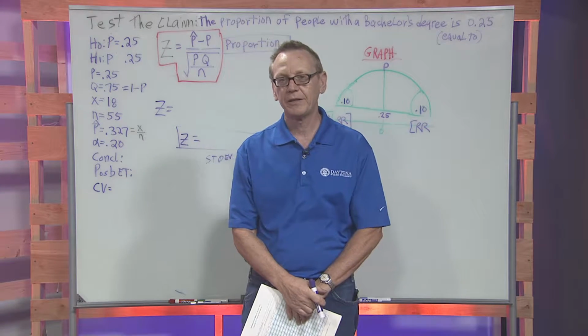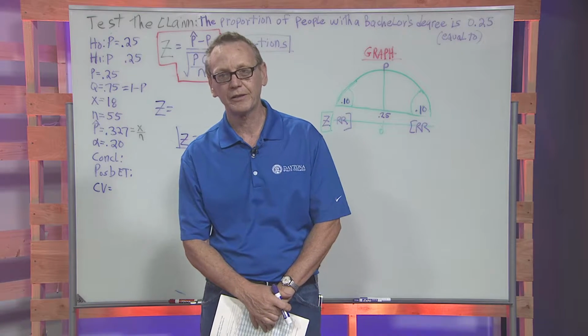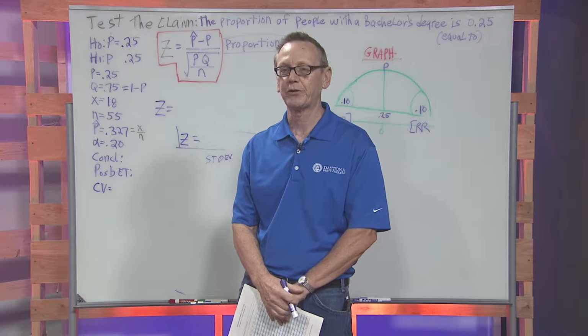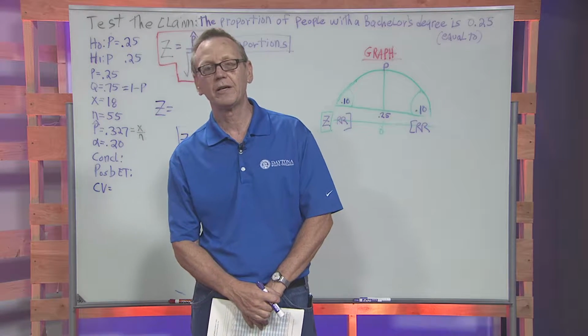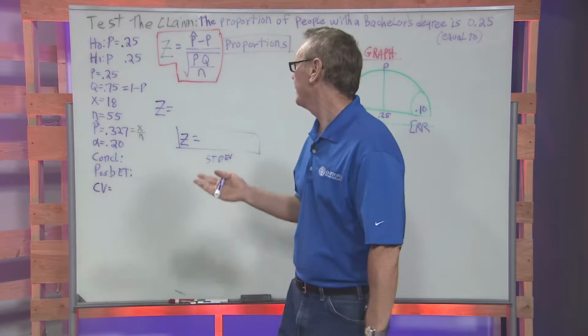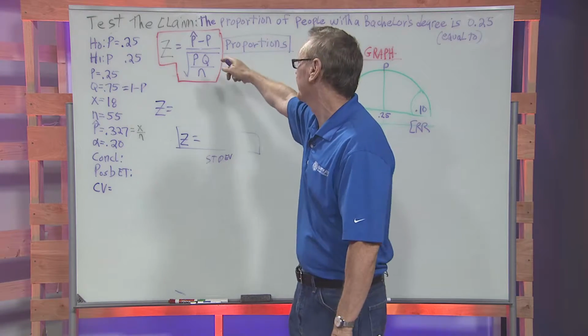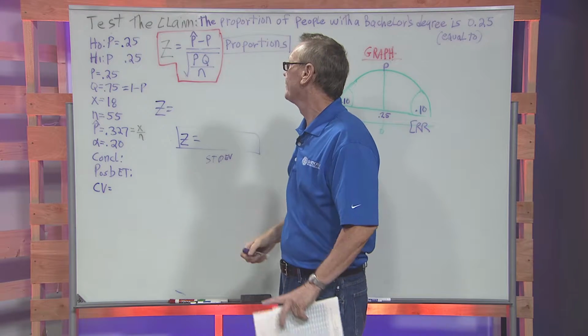I'm demonstrating the traditional hypothesis testing technique for testing a claim for proportional data. Proportional data is any data that can be a percent or a proportion, and for those cases we use a test statistic with a population proportion and a sample proportion.